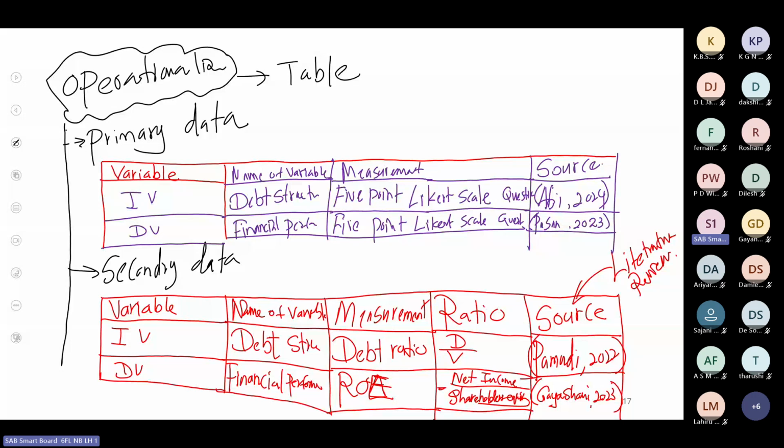This is again one of the main components in the chapter 3 methodology.